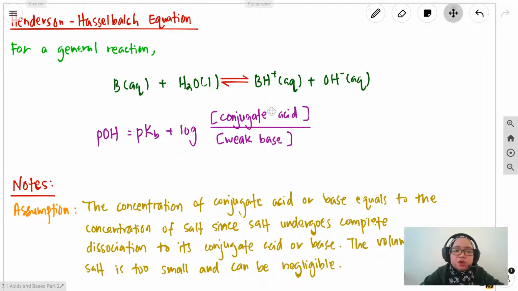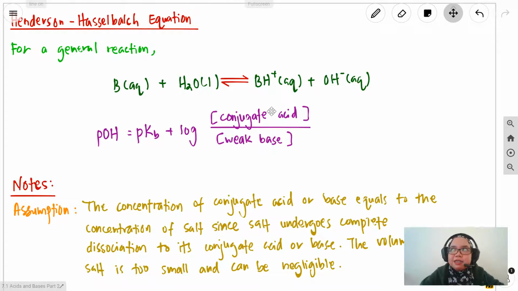You can refer to these notes here or the lecture slide notes to answer the questions. Okay, it's quite simple. You just have to explain the buffer solution and explain the salt hydrolysis, which are mainly all in the notes. Okay, but for the calculation, you can wait for my next video.